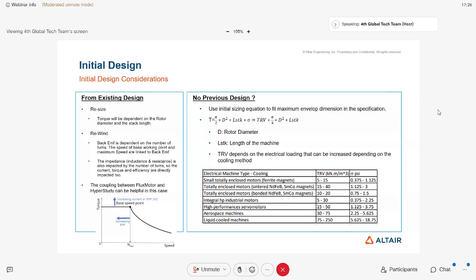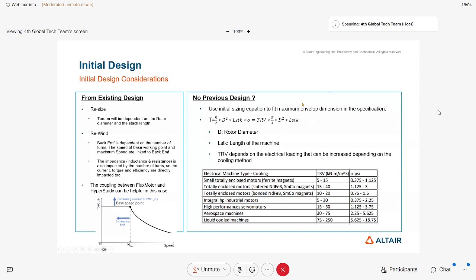But if we have a motor in our company, in the database, then we can once again reuse it, resize it if necessary, and rewind it, with a given number of turns or number of wires in hand and so on. Then we can already do some optimization.